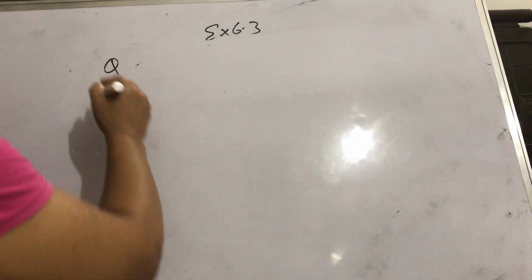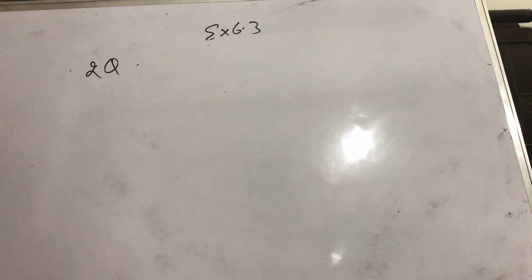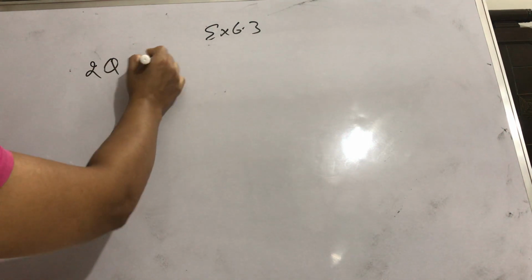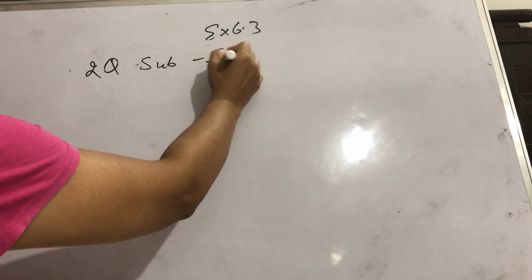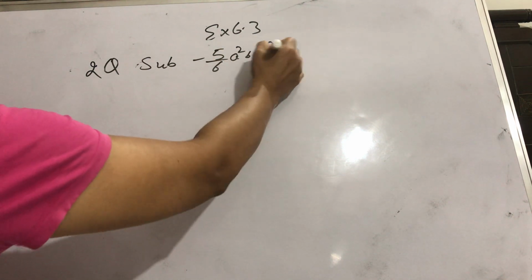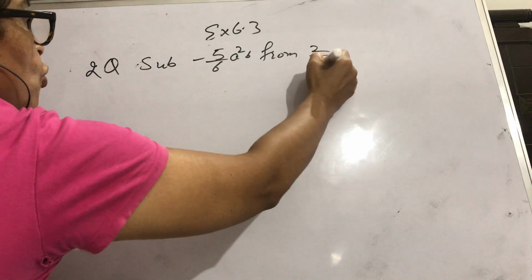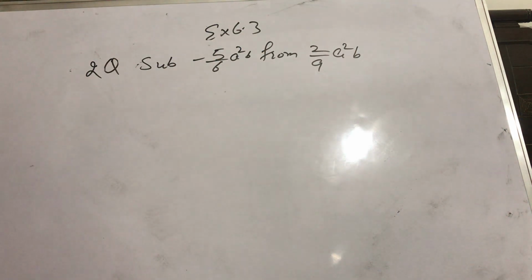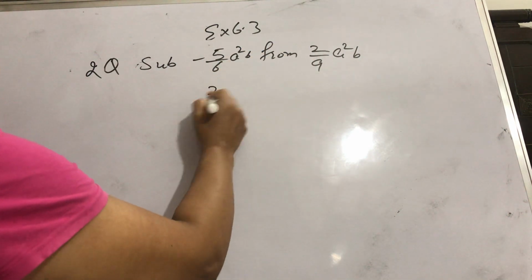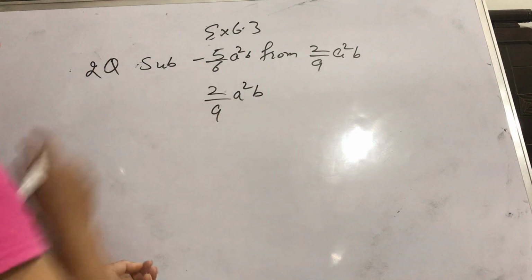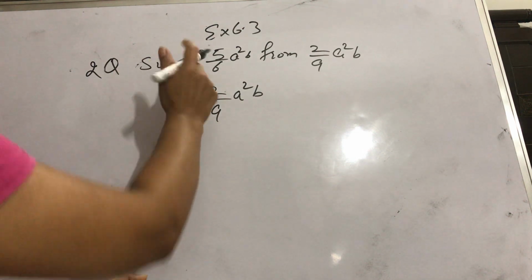Now the question number 2, B part, second part. Subtract minus 5 by 6 a square b from 2 by 9 a square b. From 2 by 9 a square b, that term will be written at the top.